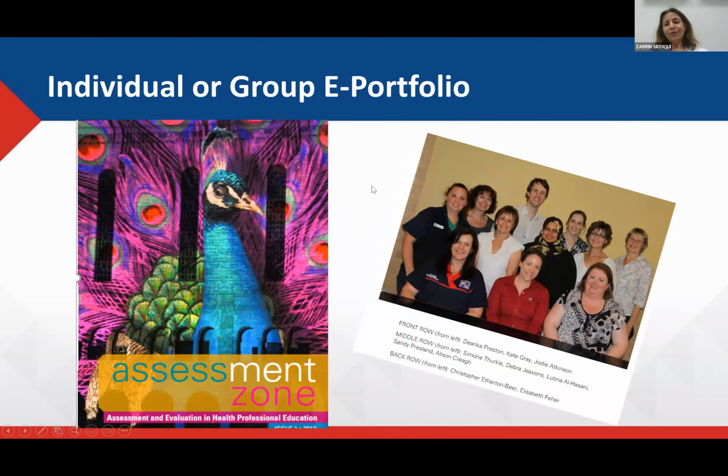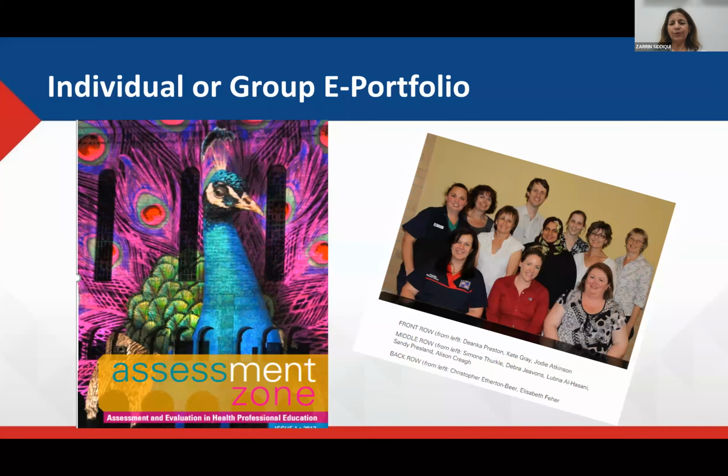You can also think of a group e-portfolio in the beginning, rather than an individual one. This is an example from a group e-portfolio, where the student group has all the learning outcomes of the course. We are delivering the sessions, but it is up to them how they compile everything and show us that they have achieved the evidence.